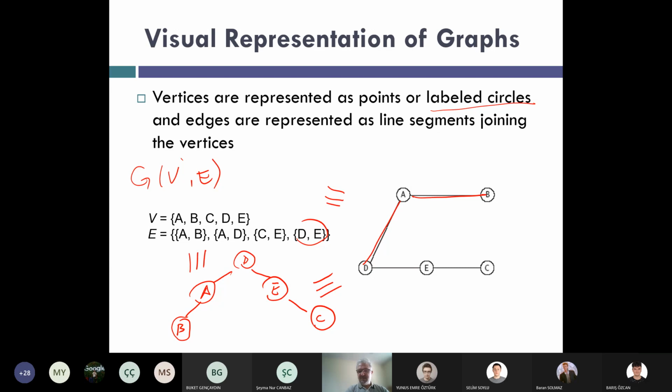You can place the vertices anywhere you'd like, since the graph is represented by two sets, and in this representation there are no positions for the vertices, so we can place the vertices anywhere on the surface, and we can draw the edges as lines and have the visual representation. So different visual representations are possible for the same graph.